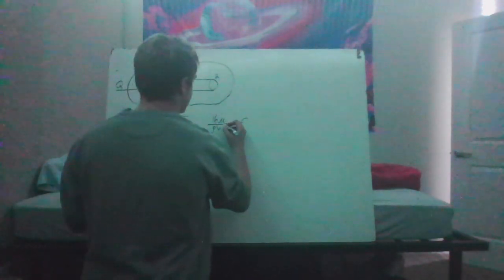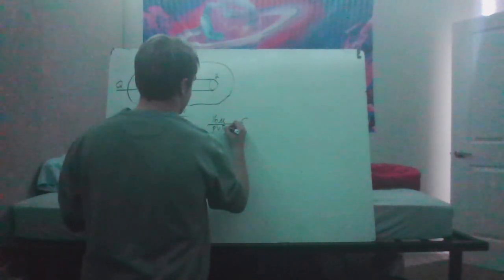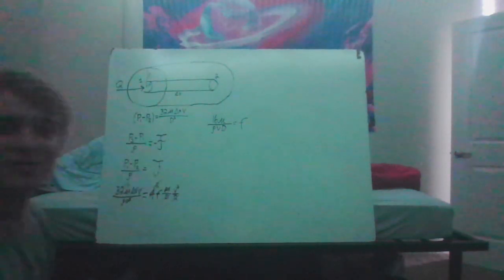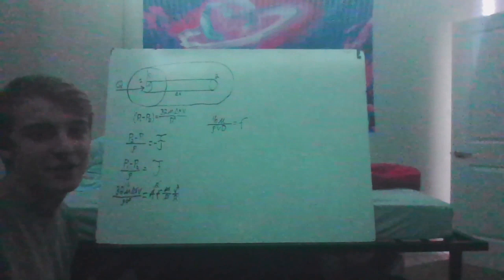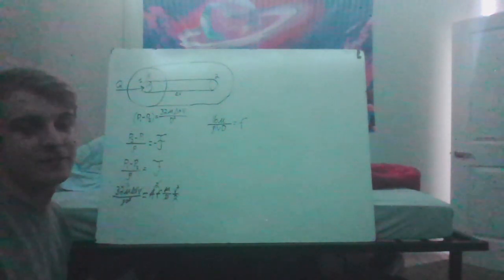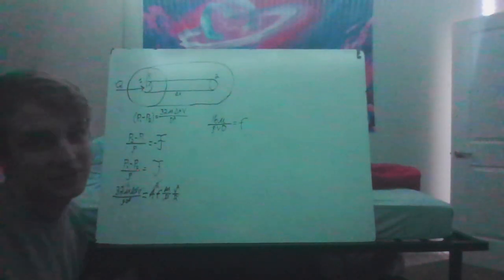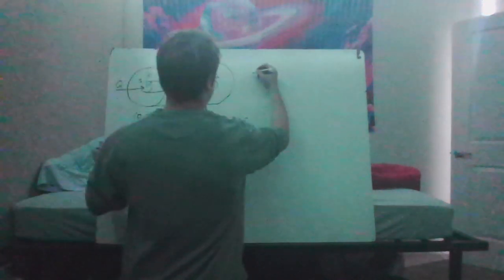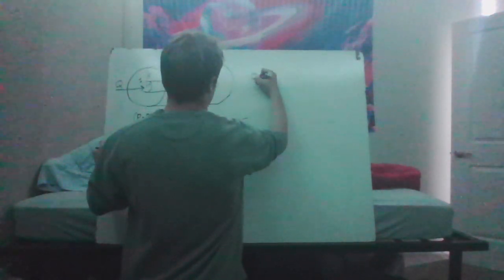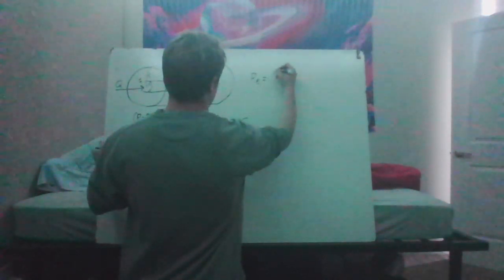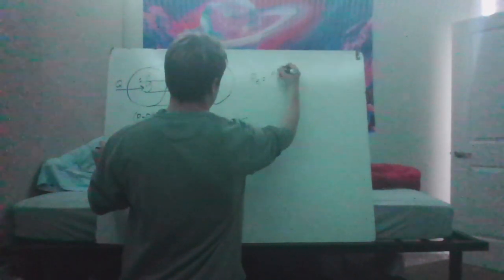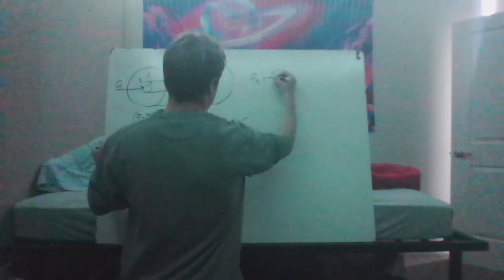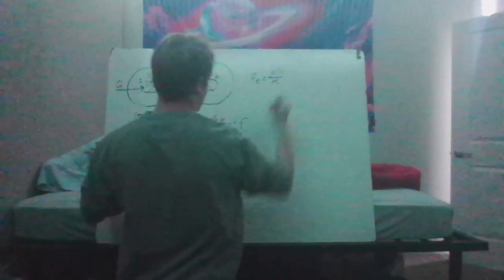So we will have a d here, and now this should look relatively familiar because we know that Reynolds number equals rho dV over mu.